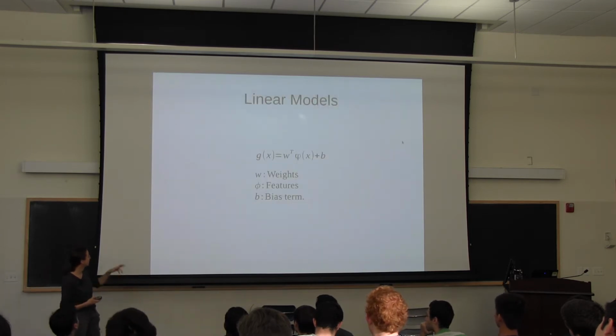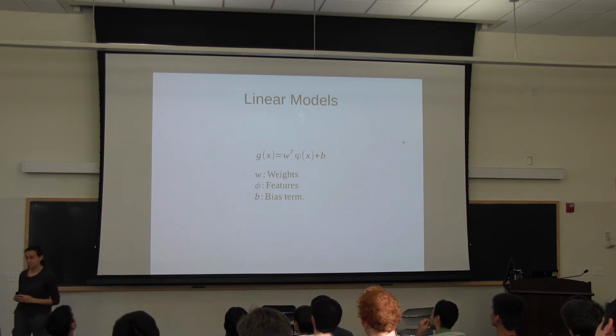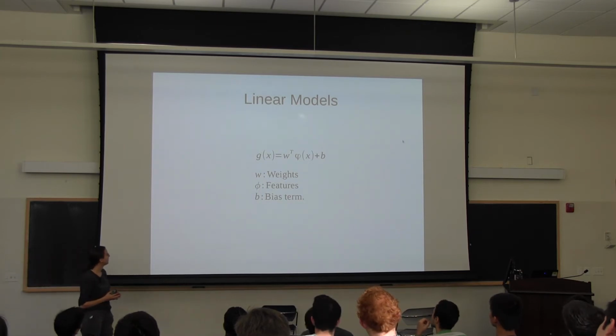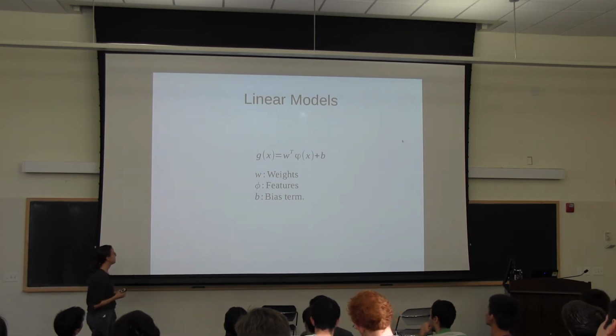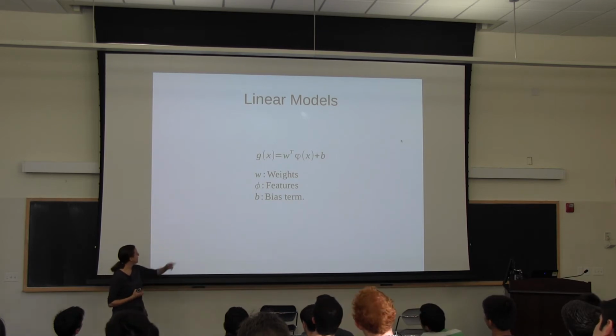I've flashed this a couple of times, but this is one very general class of functions. It's called a linear model. So you have some function g of x that equals these weights, w transpose, dot product with the features that I have.